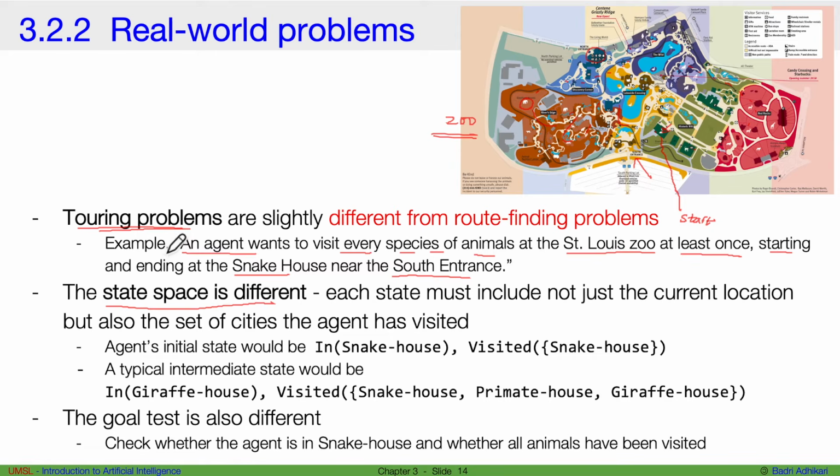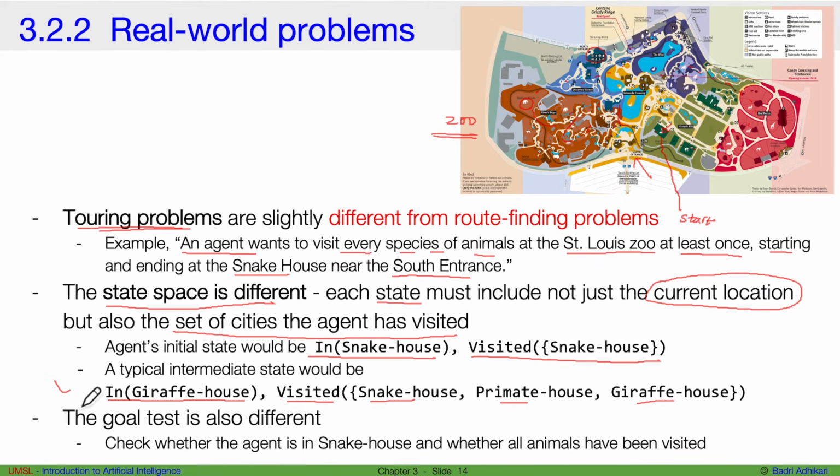To correctly represent a state space, each state must include not just the current location, which is sufficient for route finding problems, but here it must also include a set of cities that the agent has already visited. In other words, the agent's initial state would be something like in snake house, visited snake house. And a typical intermediate state would be something like in giraffe house, visited snake house, primate house, giraffe house.